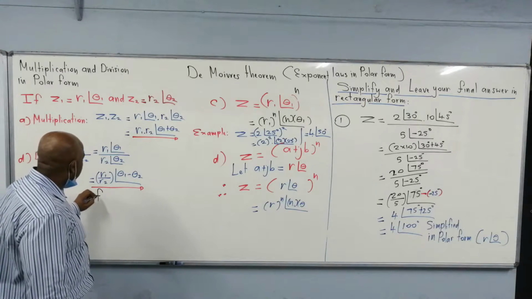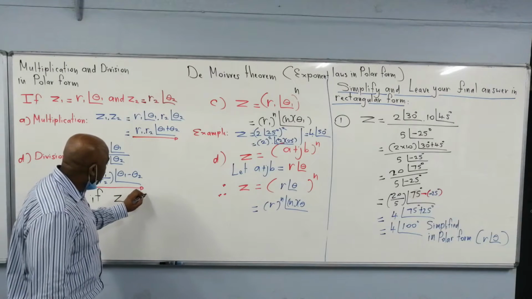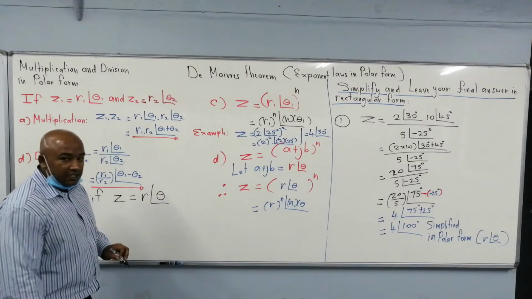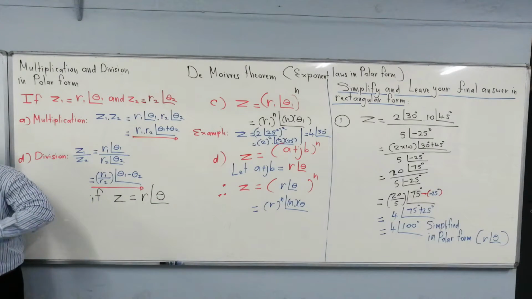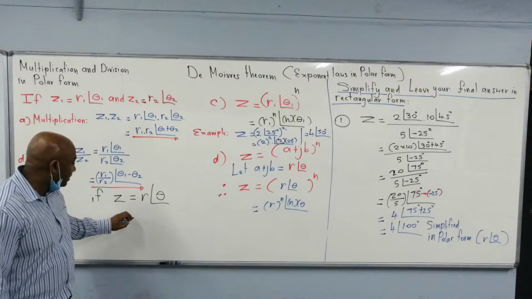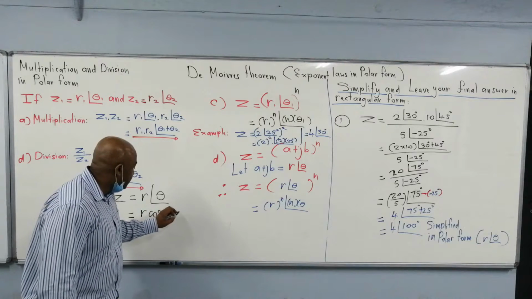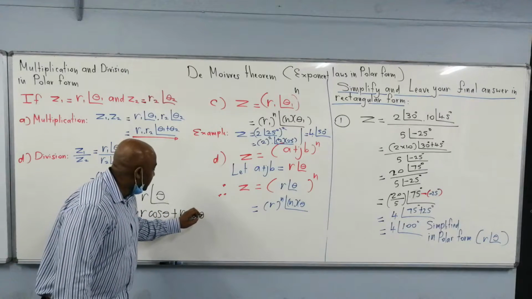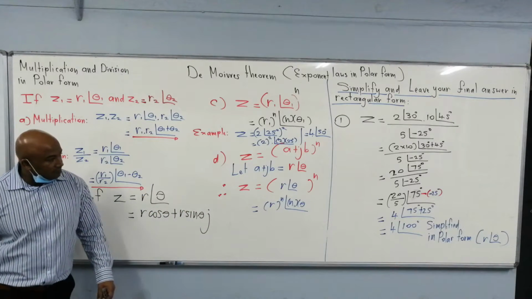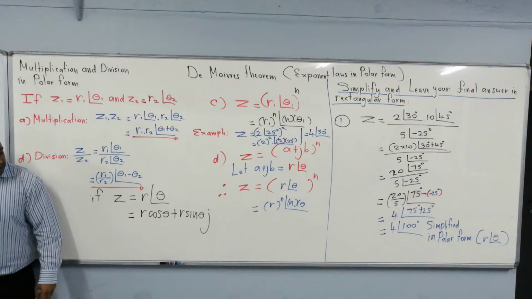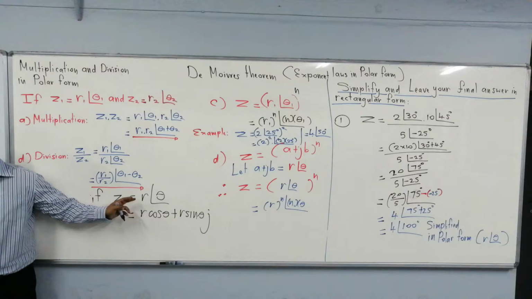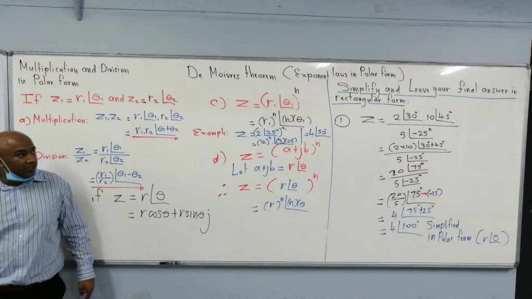If we have Z is equal to R with your angle theta, and I want to convert from polar to rectangular, then it's going to be R cos theta plus R sin theta times J. That's the formula for converting from polar to rectangular form.